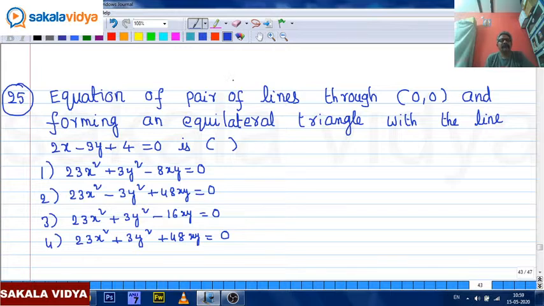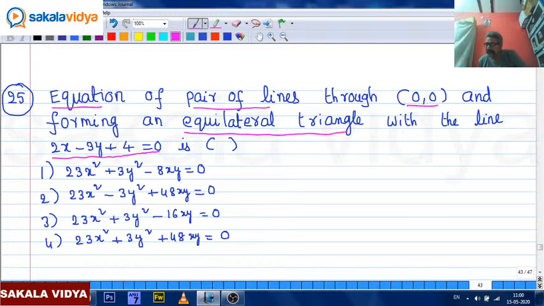So we have the equation of pair of lines through origin and forming an equilateral triangle with the line 2x minus 3y plus 4 is equal to 0.